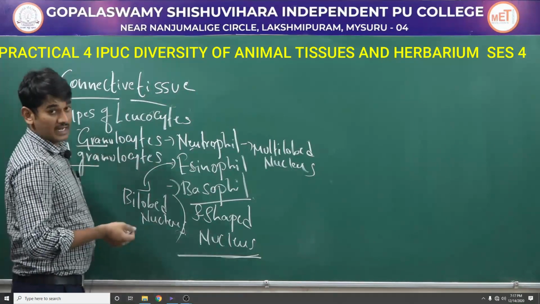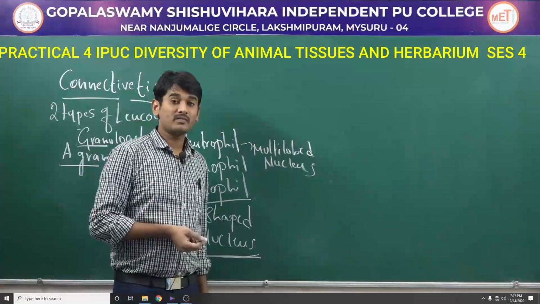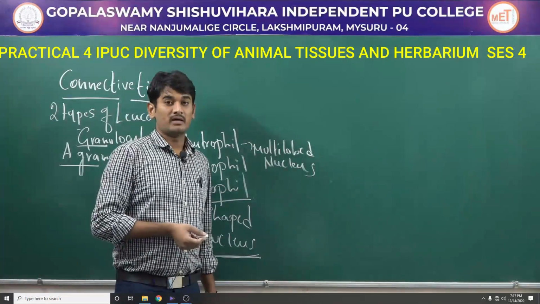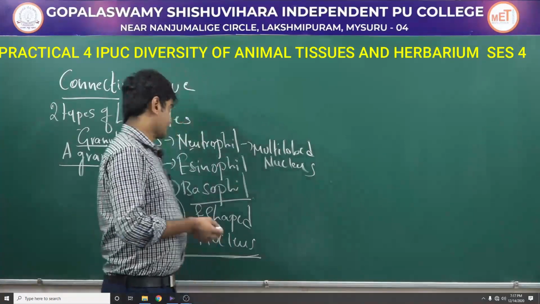These agranulocytes include monocyte and lymphocyte.